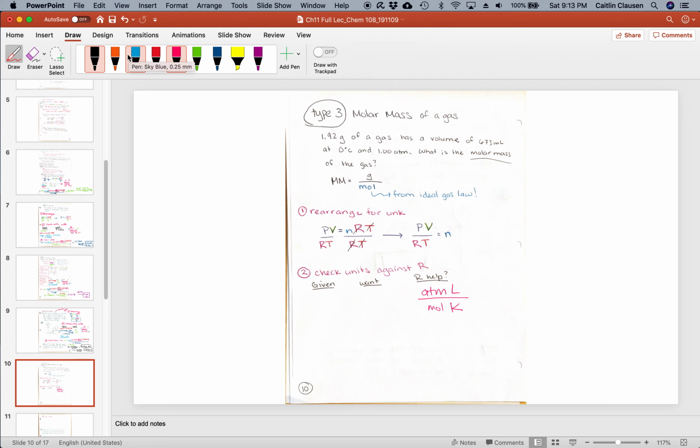We are given volume, 673 milliliters, but we need liters.